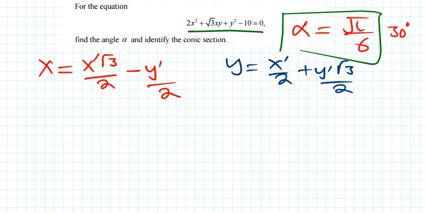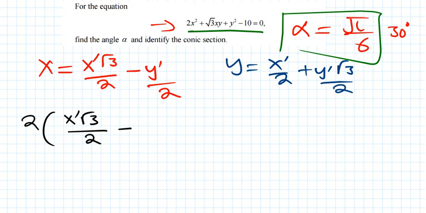Now that we found the x and we've expressed our x and the y in the form of the new coordinates, we can substitute in the equation. So first of all, we have 2x squared. So our x is this. So we're going to have x prime root of 3 over 2 minus y prime over 2, and then this is squared plus root 3 multiplied by xy.